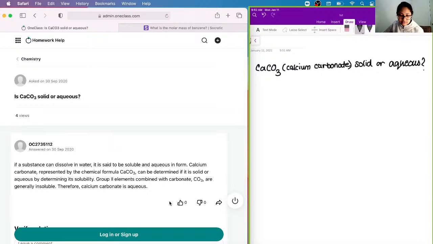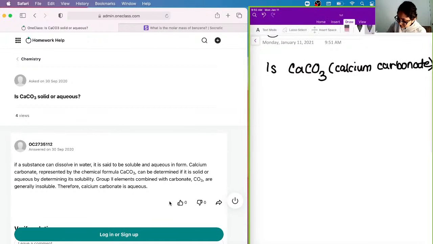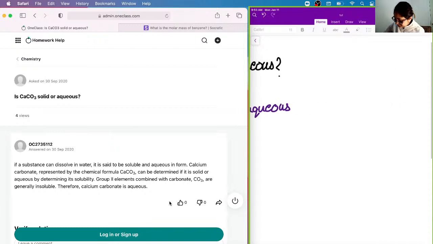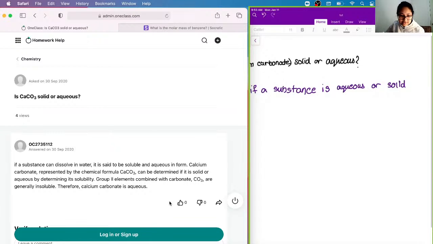So to determine if a substance is aqueous or solid, what we need to do is determine the solubility.